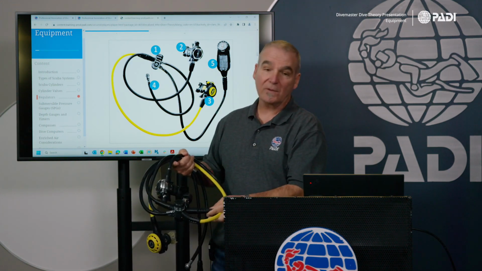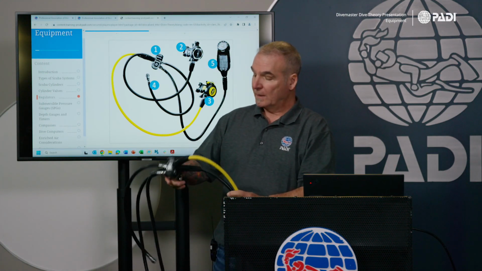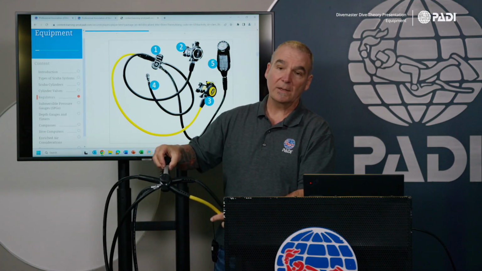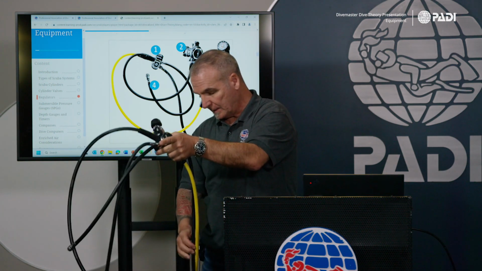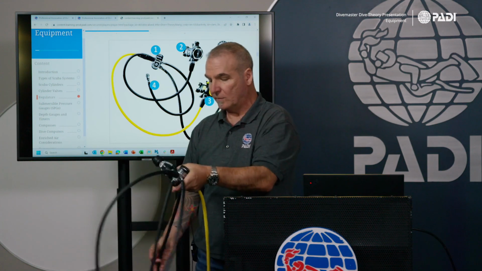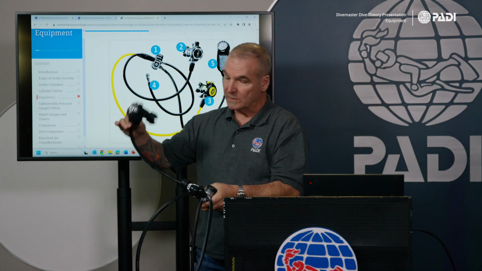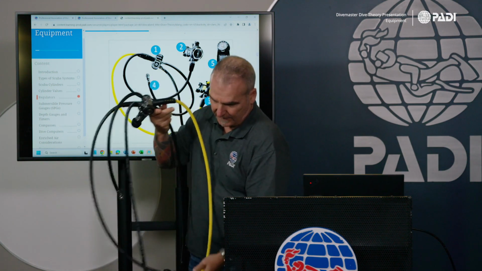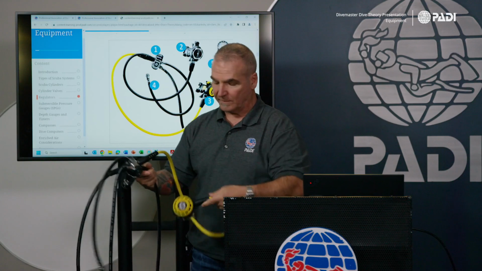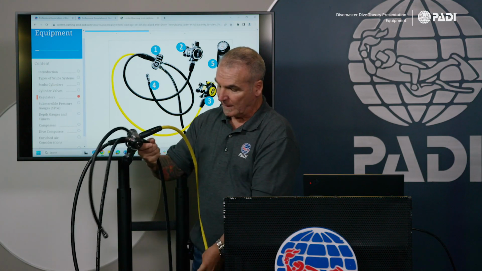In this case, we always start with the first stage regulator. We have it right here. The first stage regulator is going to be connected to your second stage regulator, which is this one. And then we have another regulator in this configuration, which is your octopus, also a second stage regulator.